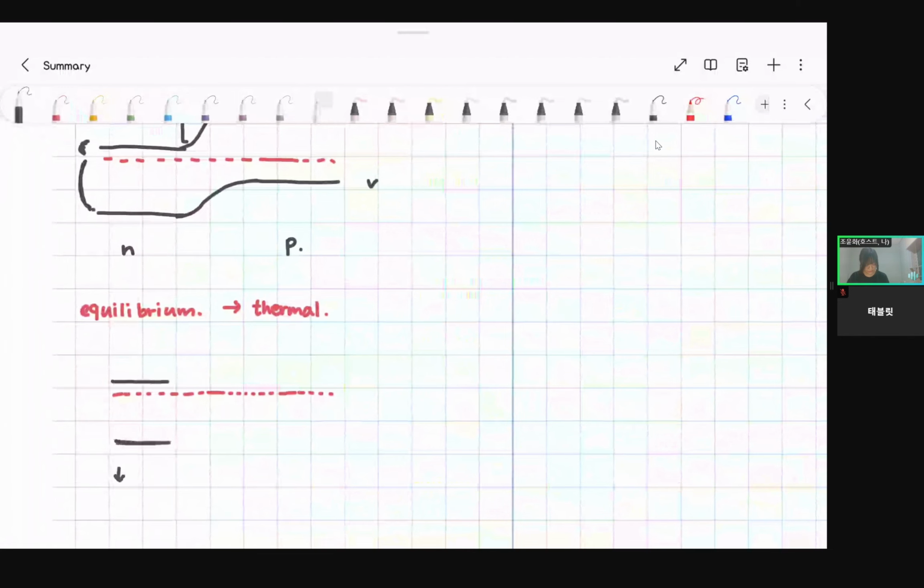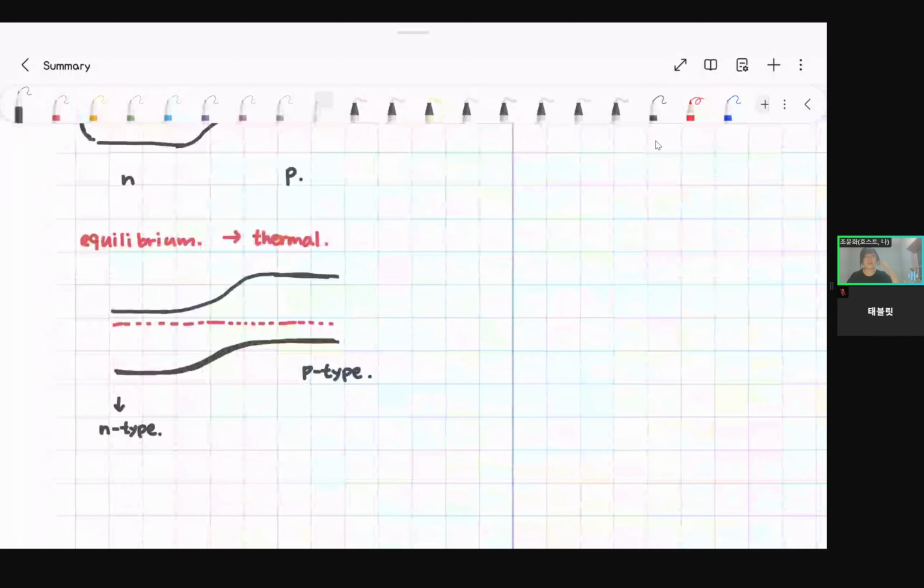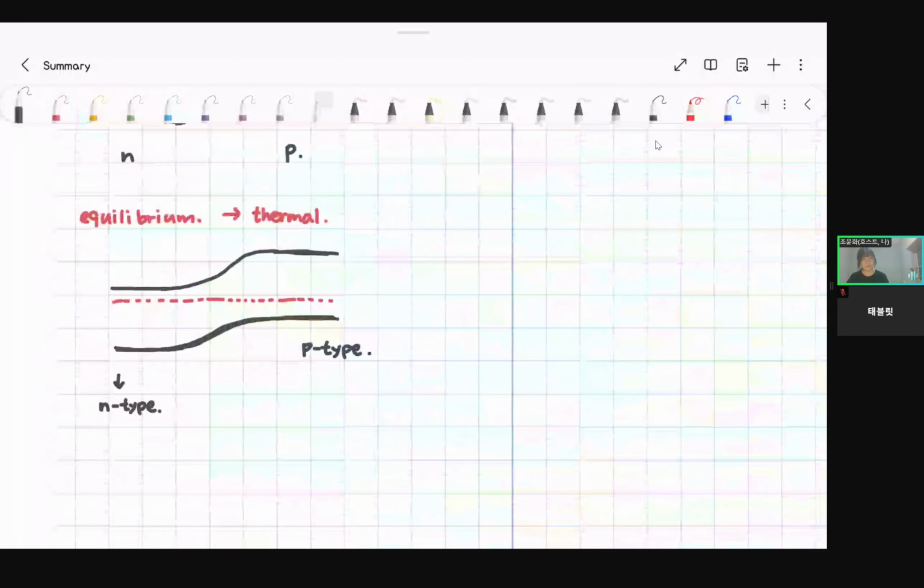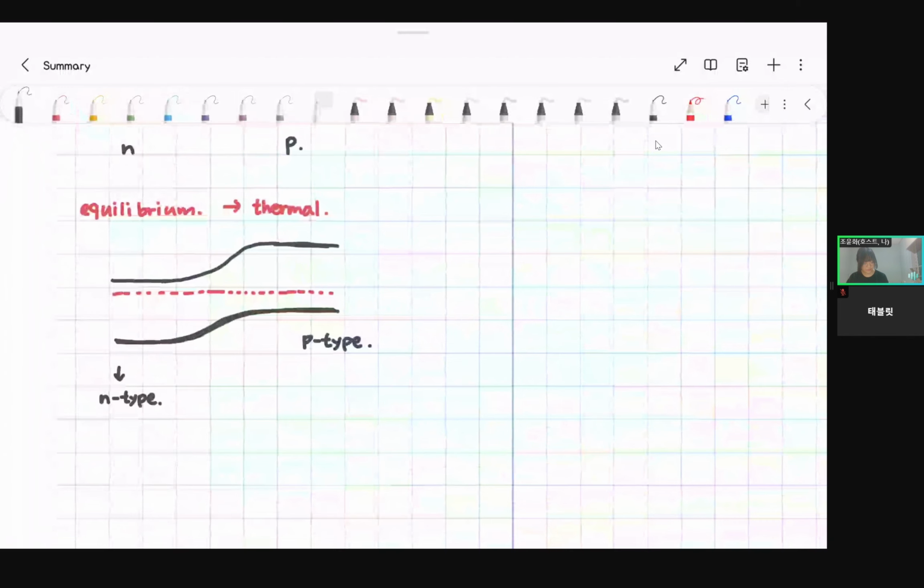This is the N-type region, and there is the P-type region. After that, just combine it. By this step, we can draw the PN junction in thermal equilibrium state.